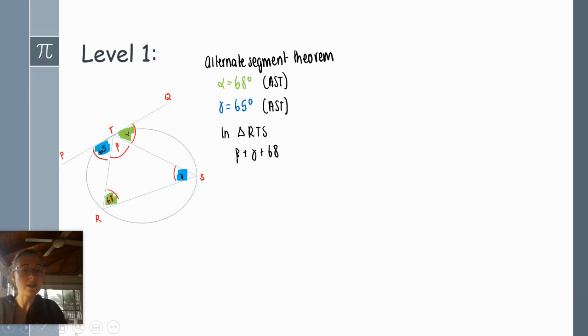So you could do this either by straight line or the fact it's in the triangle. I'm going to use the triangle sum. So I know that we have beta plus 65 plus 68 will be 180 degrees. And so hopefully beta is about 46 degrees. And then we have found all three angles in this problem.